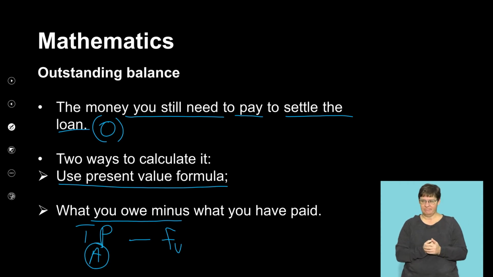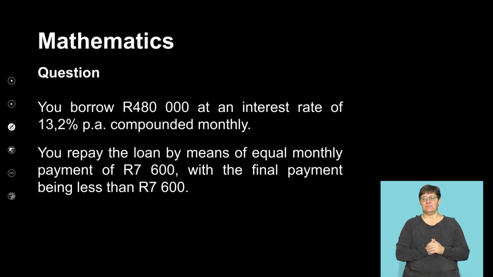The total is normally calculated using compound interest, hence I'm writing A there. Now, for this concept of outstanding balance, let's say you borrow 480,000 at an interest rate of 13.2% per annum compounded monthly.